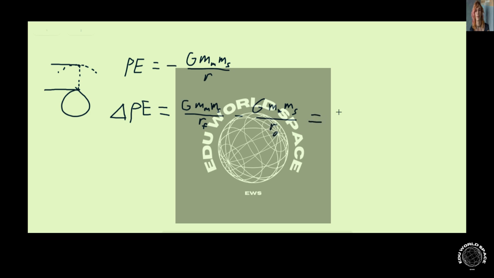Which you can further factor, leaving us with G times mass of the moon and mass of the spacecraft times a simple fraction of 1 over r final minus 1 over r initial.